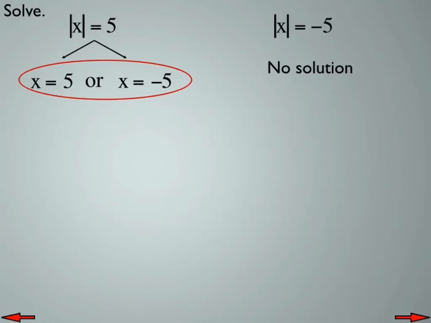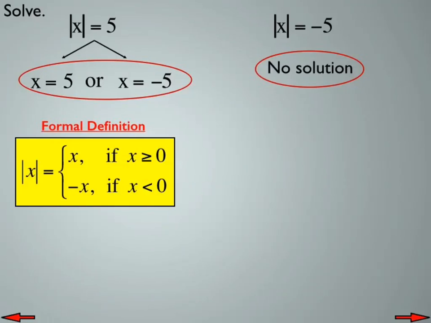But let's go into the formal definition of what absolute value means. In the lower right-hand corner of your notes, you have a little bit of room there. So this is where, in your notes, I would write that. The formal definition of absolute value is this. Absolute value of x is x if x is greater than or equal to 0.